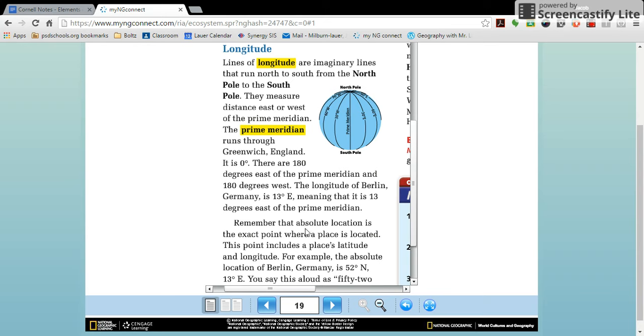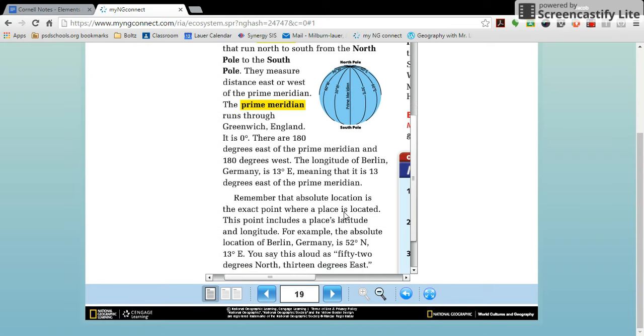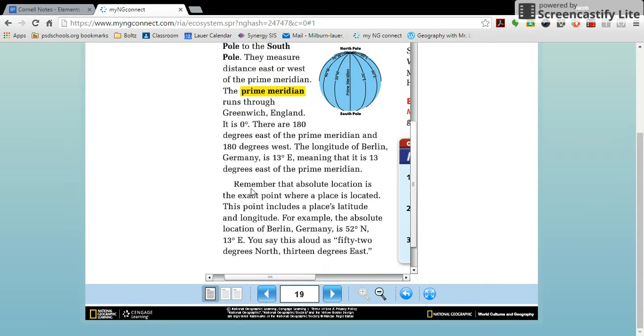For now, let's keep reading down here where it says, remember that absolute location is the exact point where a place is located. This point includes a place's latitude and longitude. For example, the absolute location of Berlin, Germany is 52 degrees north, 13 degrees east.